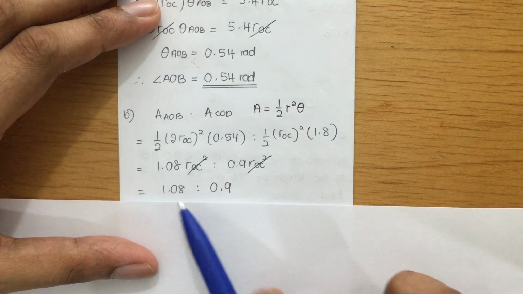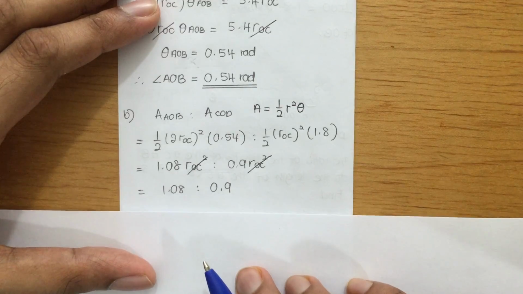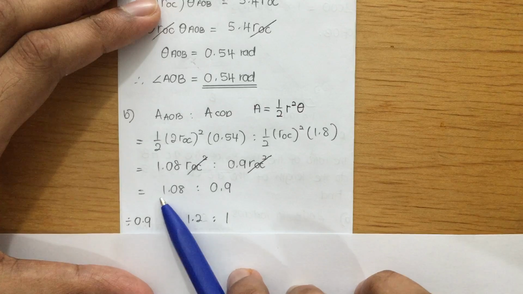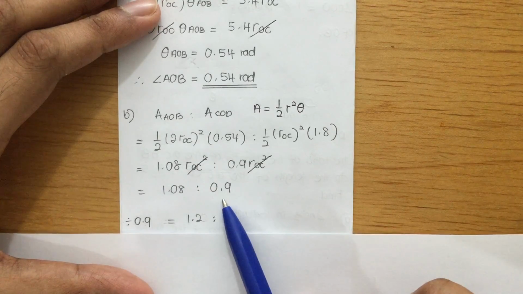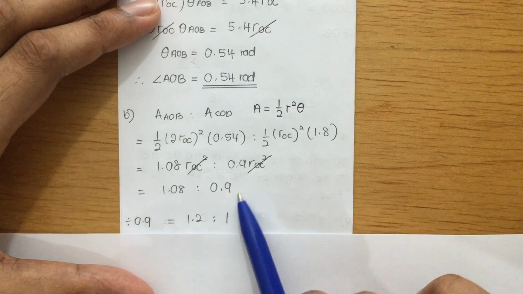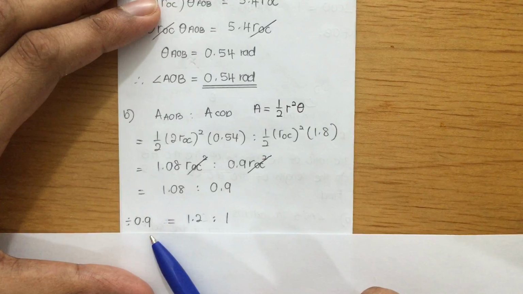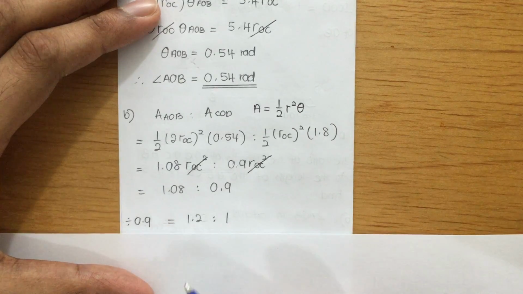You must leave your ratio in integer numbers. So you can divide the whole ratio by 0.9, because 1.08 and 0.9 have a common factor of 0.9. So from here you get 1.2 is to 1.